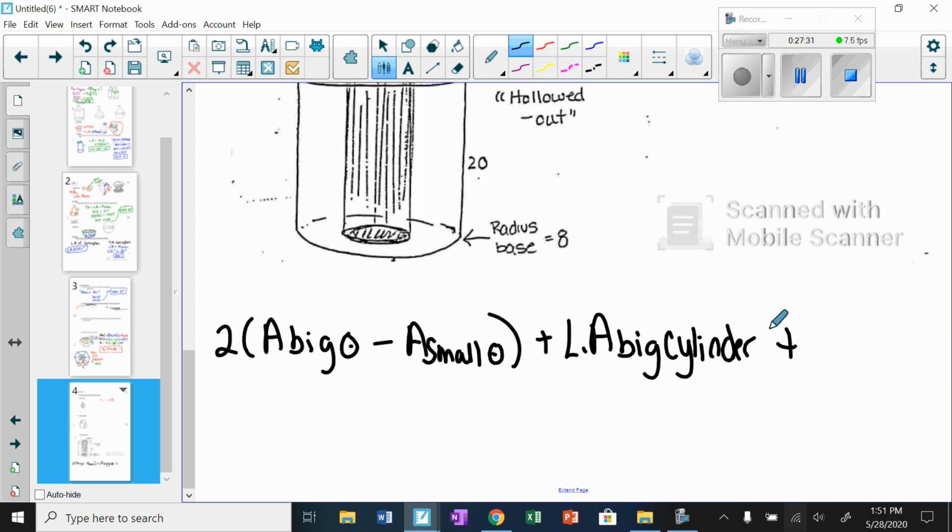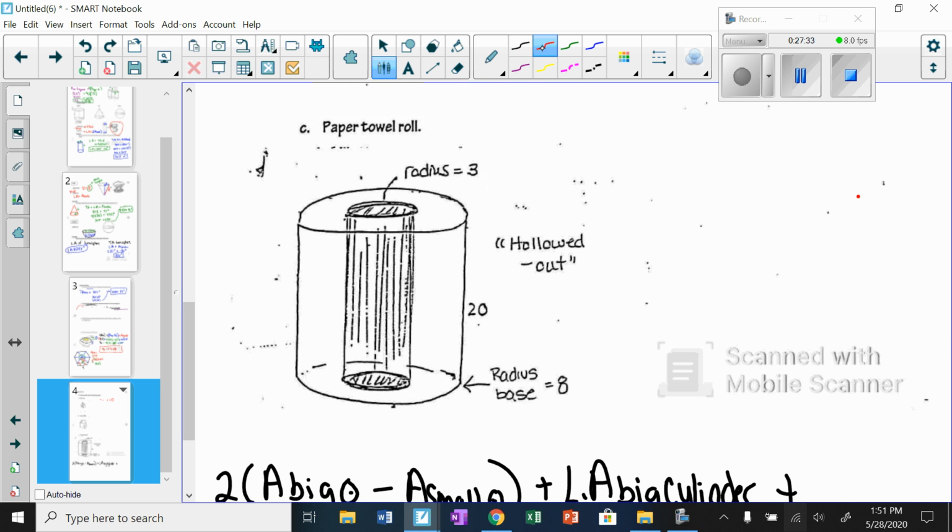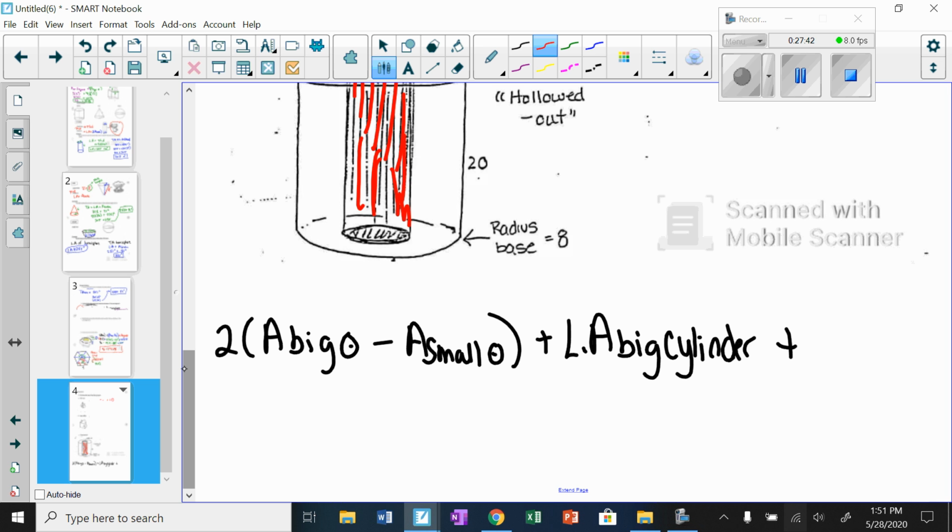But we're not done. Why are we not done? Can I take a little skinny paintbrush and just paint the inside of that paper towel roll, right? So we're going to say plus the lateral area of the small cylinder.